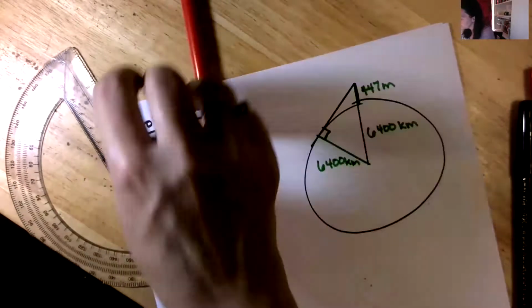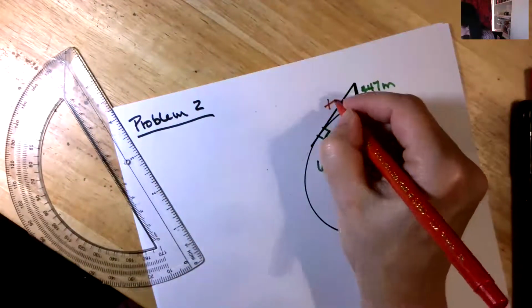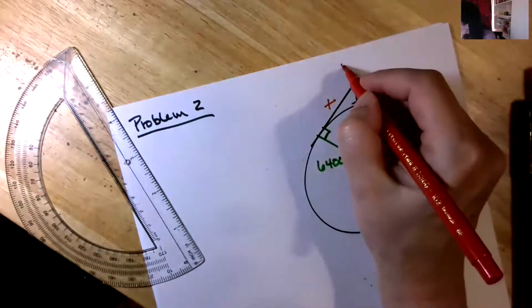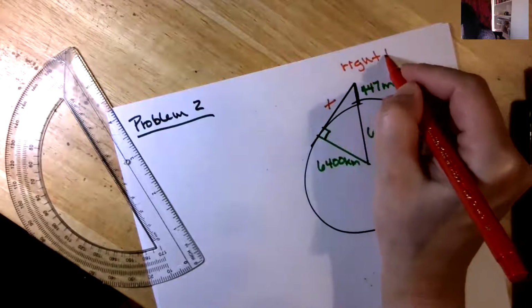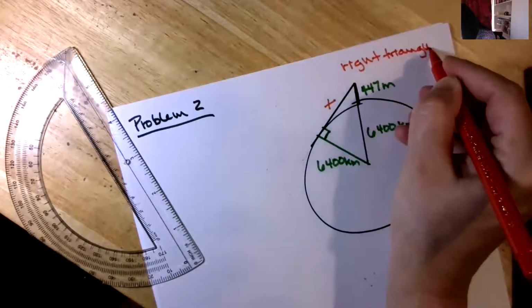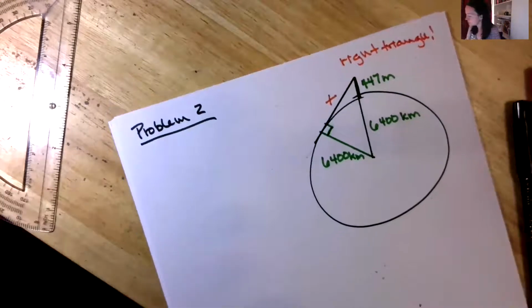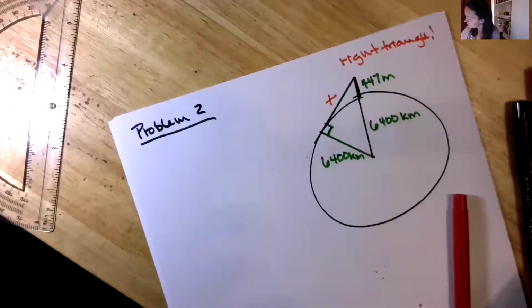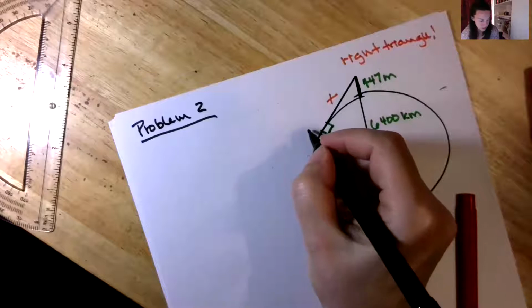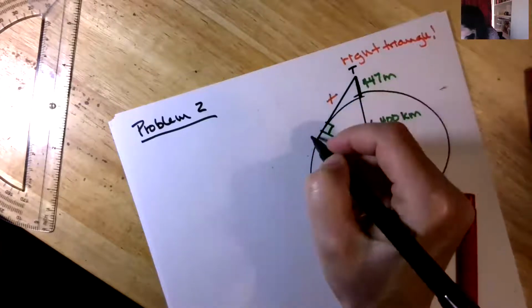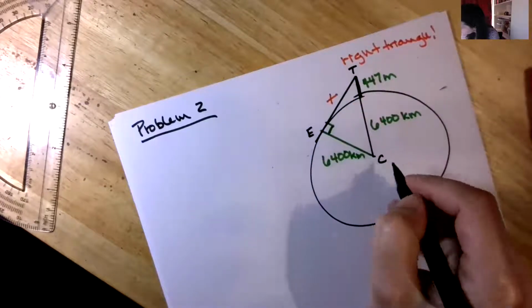Now, and this is what we're solving for right here. Notice that this is a right triangle. So if we have a right triangle, how can we solve for this? This is T, E, and C. Okay.